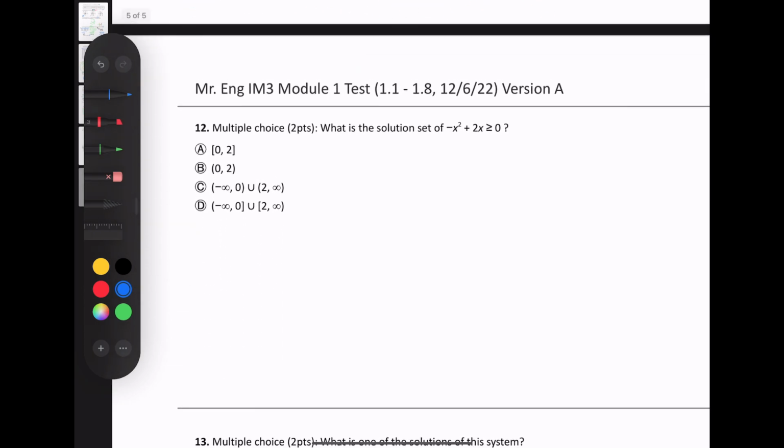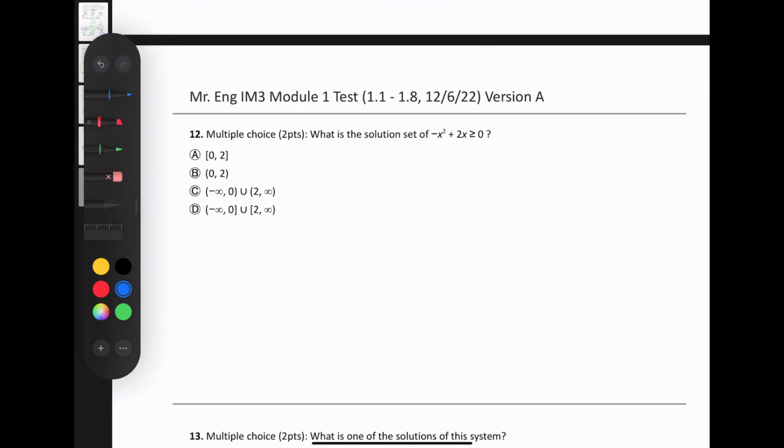Number 12, what is the solution set here? So on this problem, I'm just going to factor it. I'm going to factor out negative x. And then when we solve this, we're going to get negative x equals 0, divided by negative 1, x equals 0, and x equals negative 2.